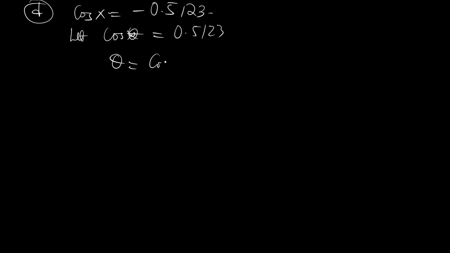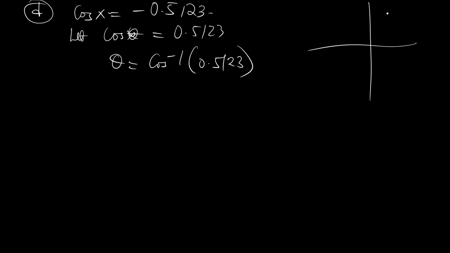Theta will now be equal to cos inverse of 0.5123. Now let's look at the quadrants. In the first quadrant, all are positive. In the second quadrant, only sine. At the third quadrant, tan is positive. At the fourth quadrant, cos.